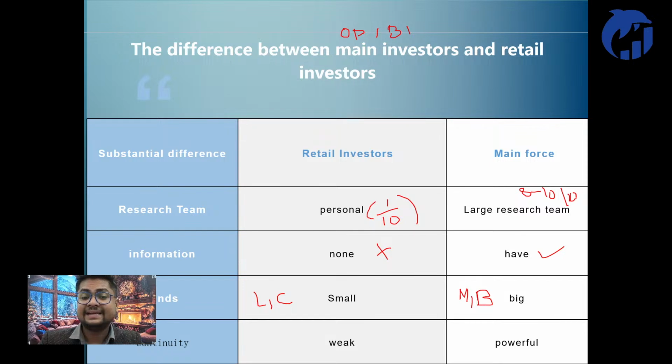Retail investors usually lack capital, while the main force has big money. They deal in billions and millions, which can push the market and make the stock price rise.